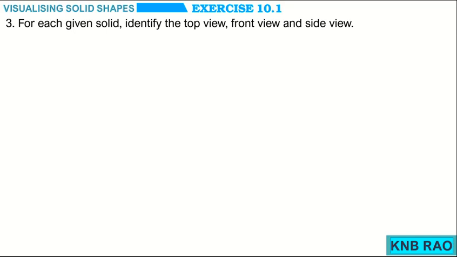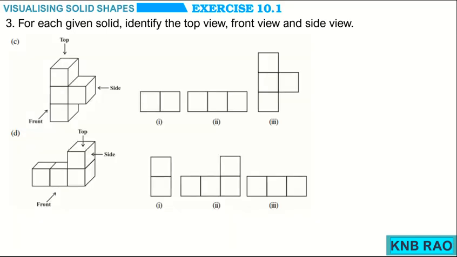Similarly, we have got sub question C and D and here is the front view for the given figure. Then top view will have only 2 squares and side view have got 3.